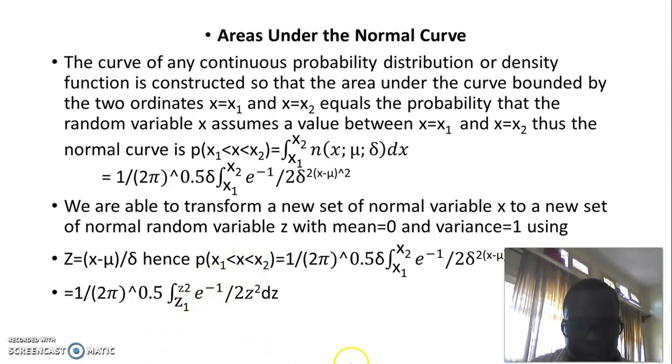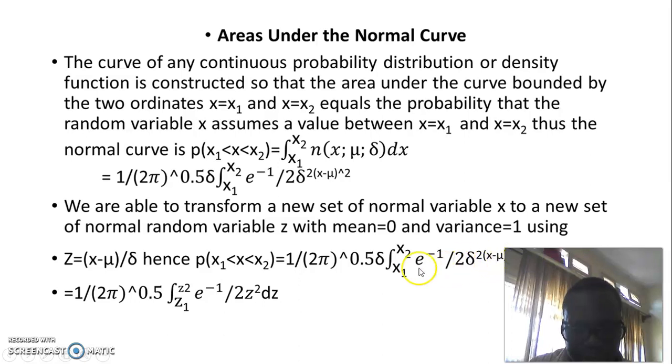Hence our probability between x1 and x2 is given by 1 over 2 pi raised to power 0.5 sigma, integral from x1 to x2 of e to power negative 1 over 2 sigma squared into x minus mu squared, integrated with respect to x.